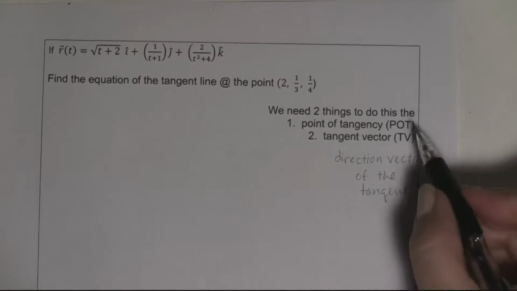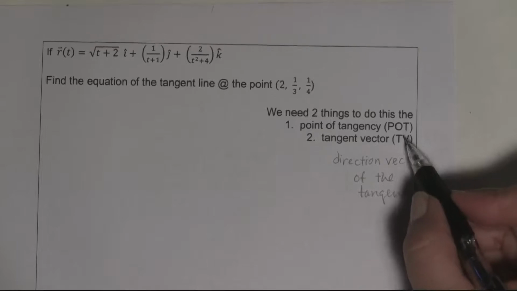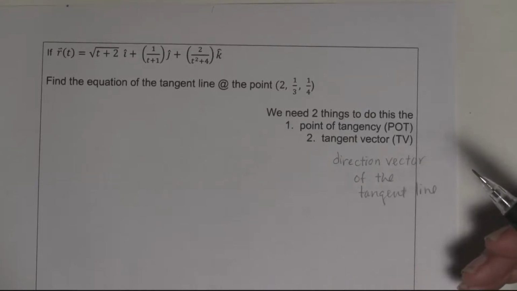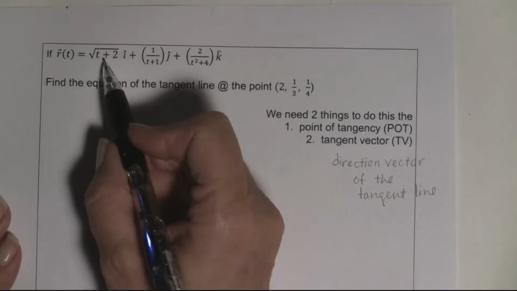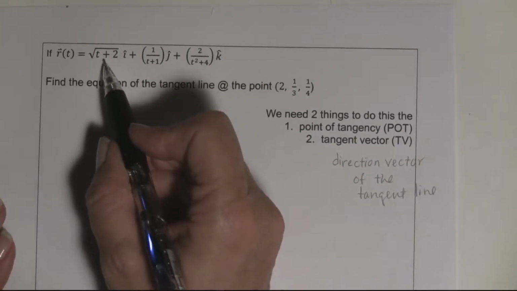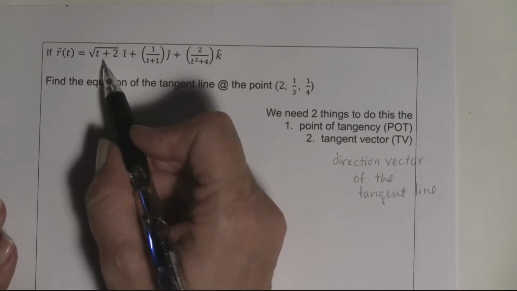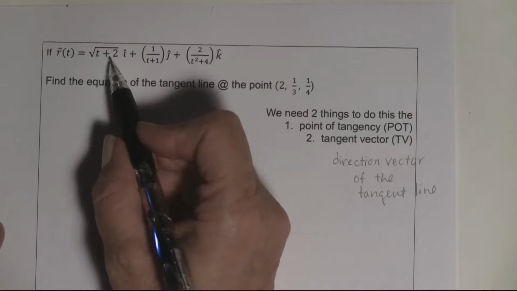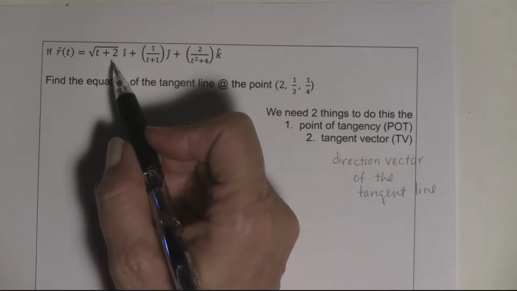So number 1 I was given. Number 2, in order to find it, I need to find the derivative. So if I go to find the derivative, you just find the derivative of the pieces. The derivative of this is pretty nice. When I use the chain rule, I'll be multiplying by 1 because the derivative of t plus 2 is 1.